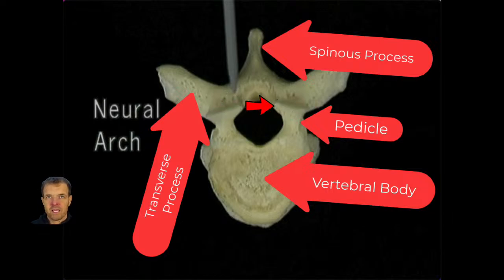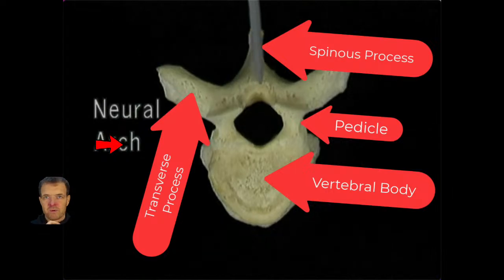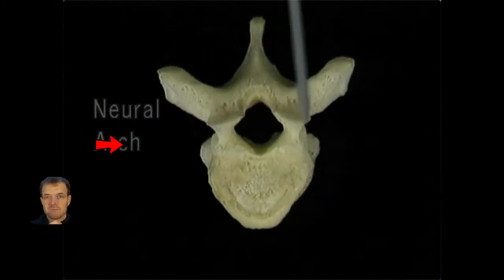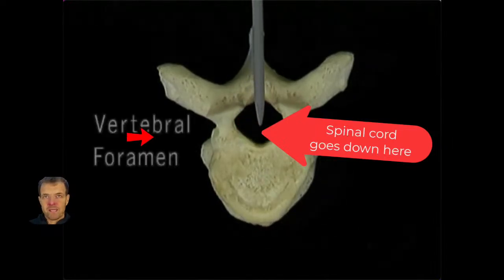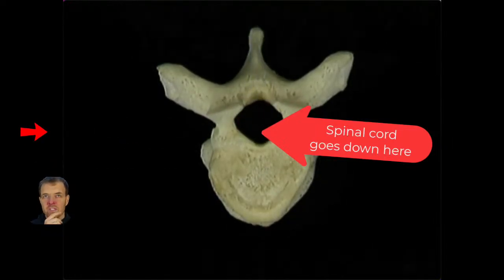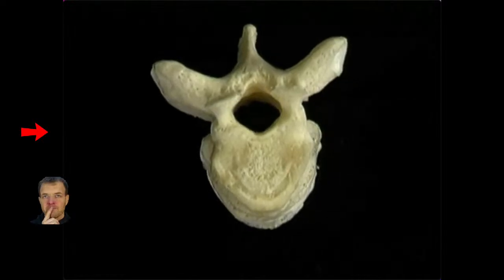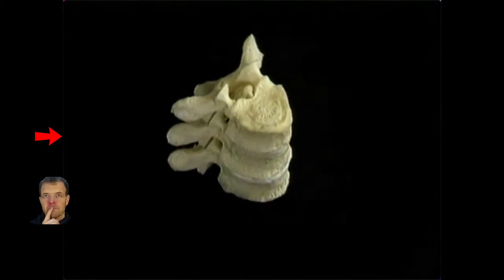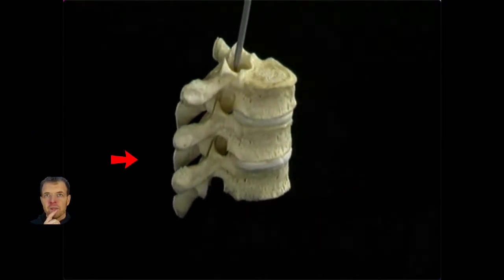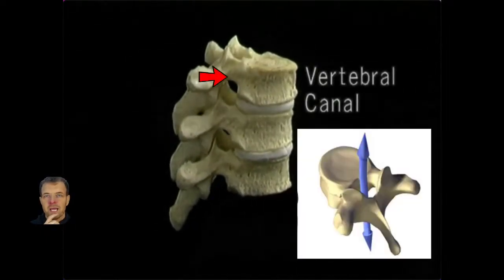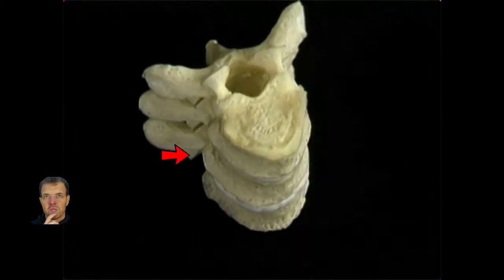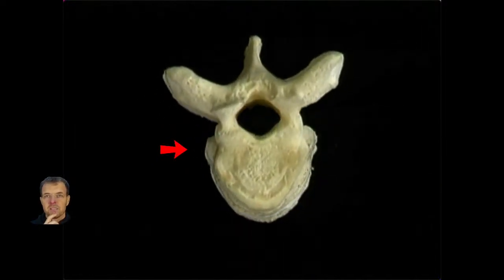So around this area here, and we'll see that get filled in as we progress through. So yeah, spinal cord goes down there. That's your vertebral foramen. And there it is, just showing how the spinal cord goes through.